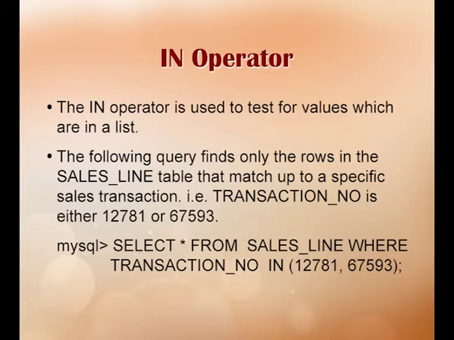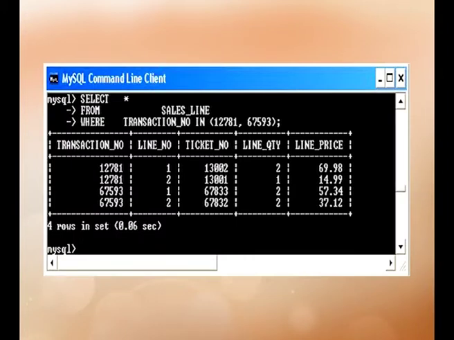So for that I have to give select star. Once again I am using all the fields. Select star from sales line where transaction number is 12781, 67593. If both exist, both will be displayed, otherwise whichever of them exists will be displayed. So we are testing the values here, whether they exist or not.